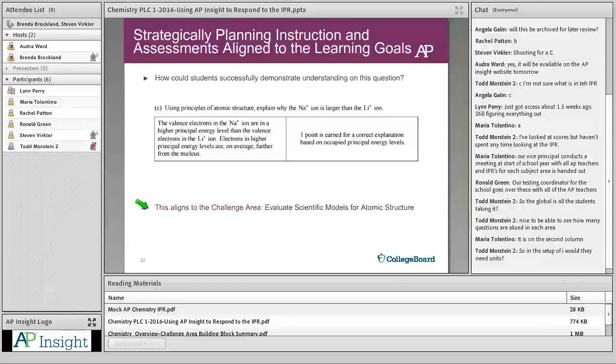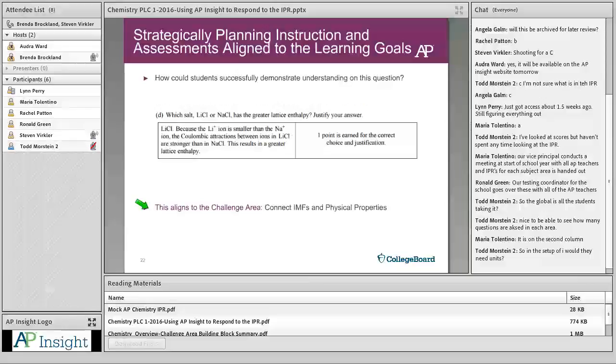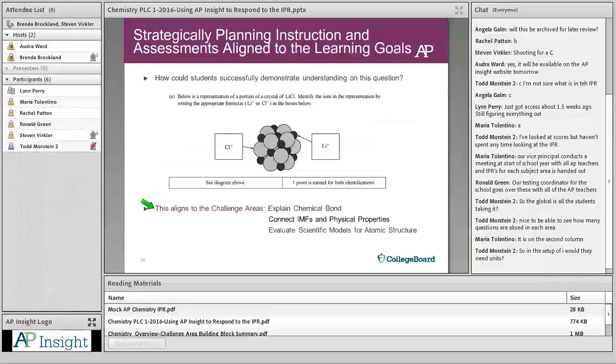So if I were looking at these students, this past IPR class, I might focus on just these two areas. Or maybe I feel like I didn't do a great job on lattice energy. And so maybe I would instead look at the challenge area on connecting intermolecular forces and physical properties. So you have some options, right?